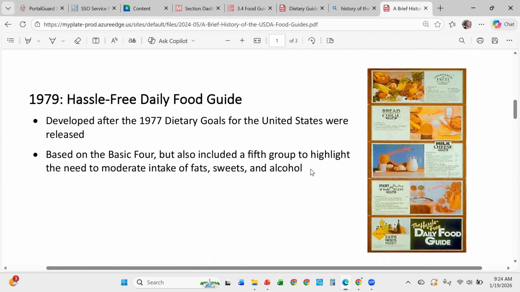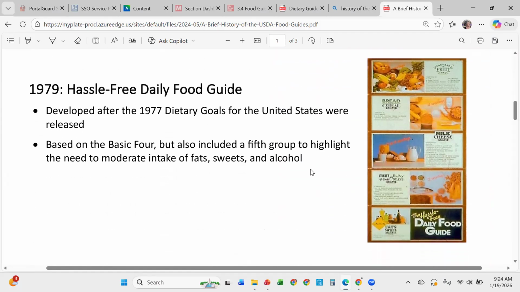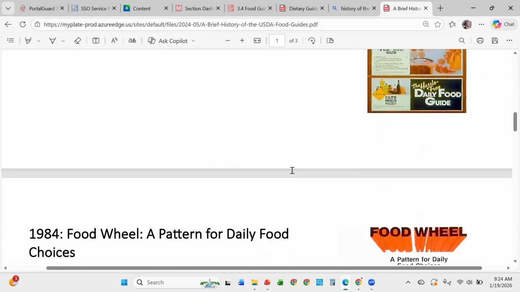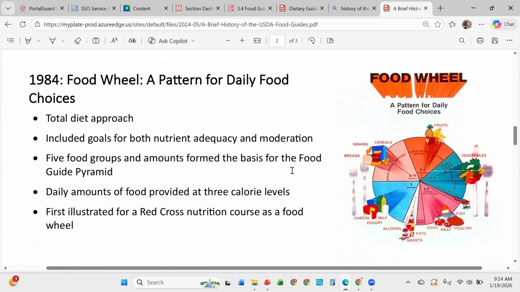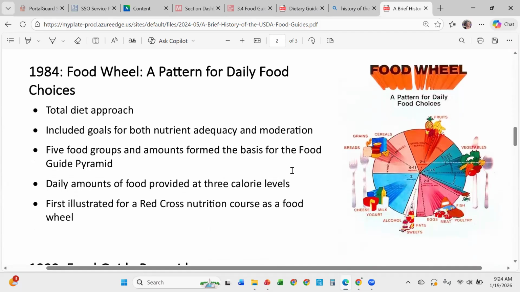And then back in the late 70s, early 80s, they went to this chart format here. And then in the mid 80s, they went to this circular method again, known as the food wheel, and divided it up into the 5 food groups where they separated fruits and vegetables.